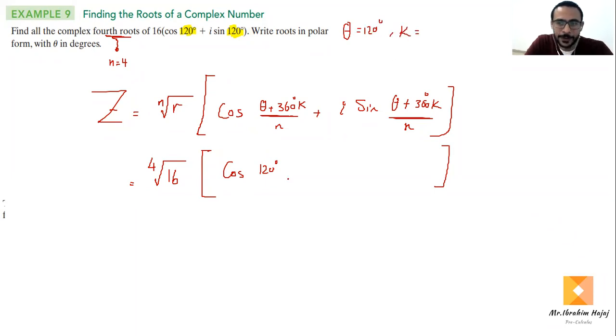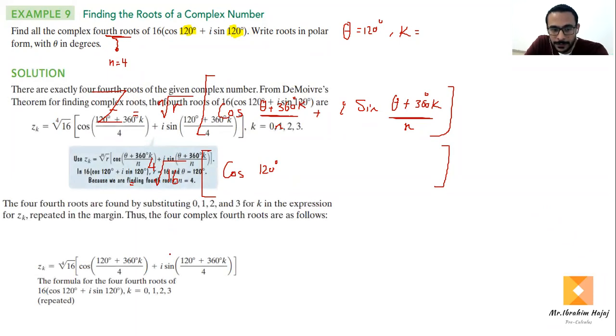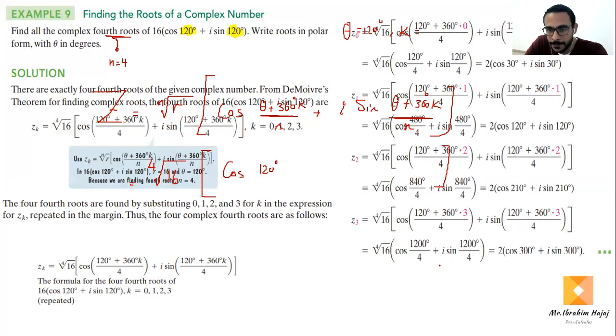We have to find the values when k is 0, when it's 1, when it's 2, and so on until 3, and then you will find all these roots.